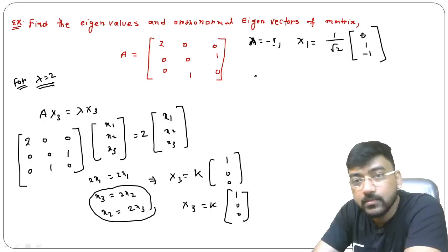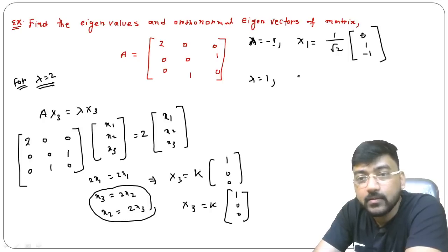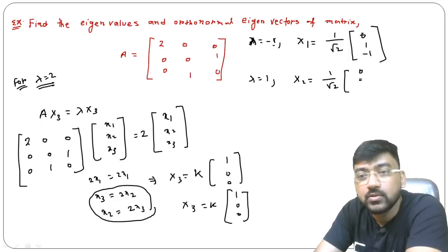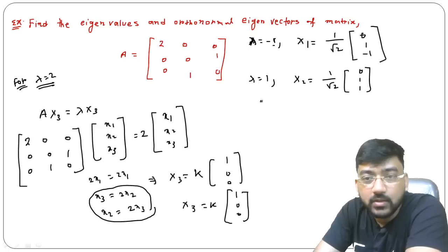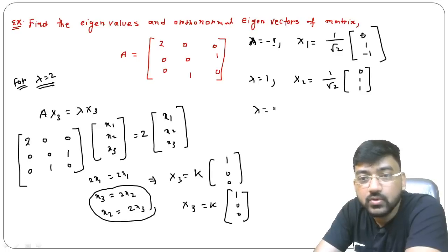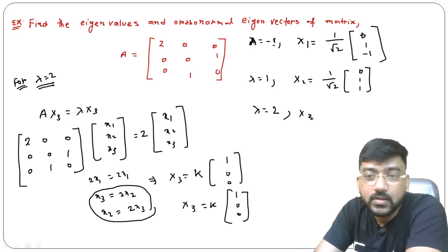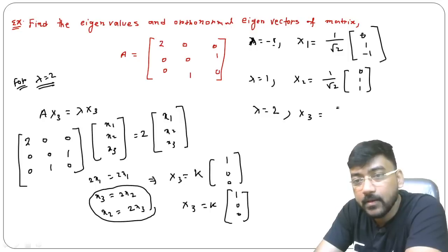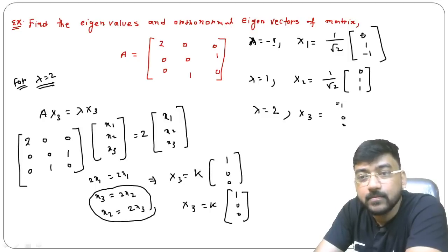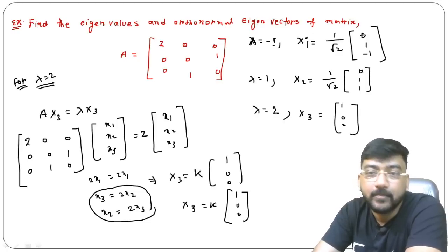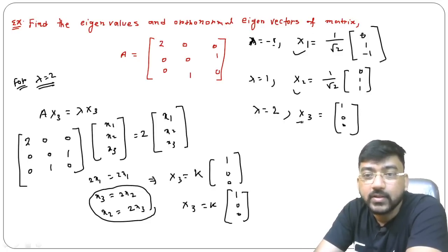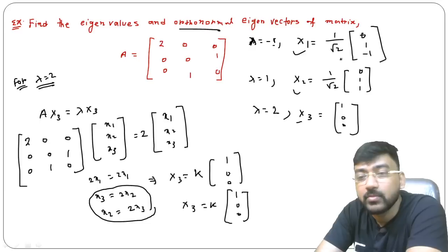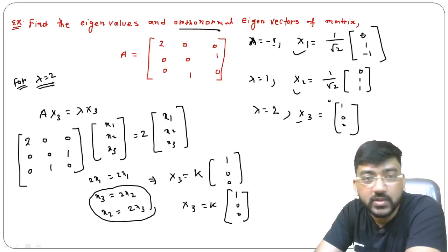Then for lambda is equal to 1, x2 is equal to 1 upon root 2 times 0, 1, 1. And then for lambda is equal to 2, we have x3, and that is again 1, 0, 0. Okay, so these are your eigenvectors x1, x2, x3, and you can check that they are orthonormal to each other.